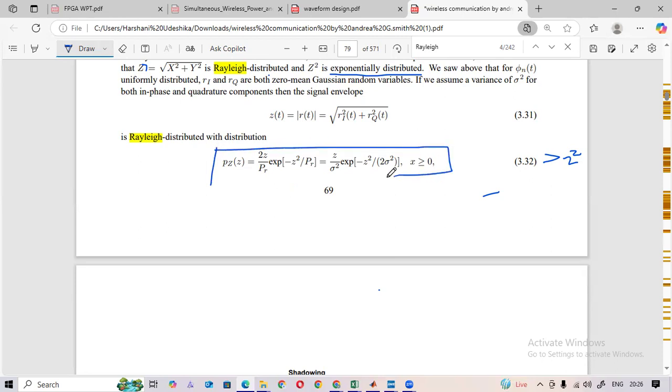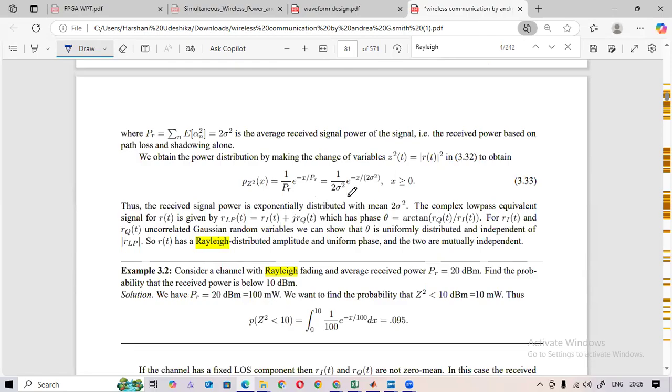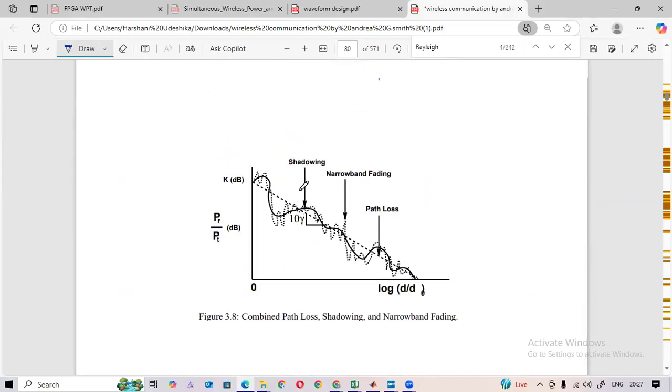And actually this will be the exponential, okay, because you can see that x is the variable and these are constants, okay. So it is e to the power minus x. So this one will be an exponentially distributed signal.